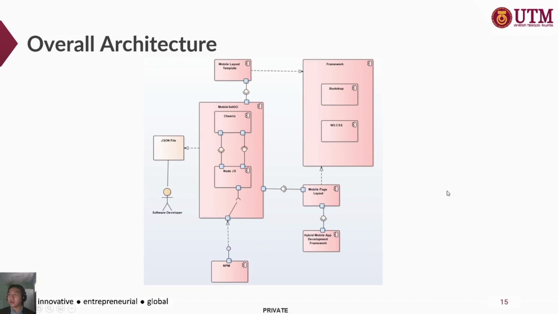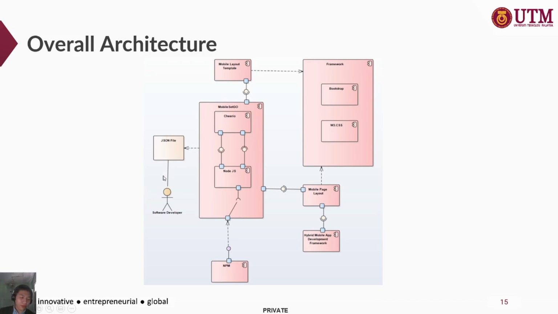Second is the overall architecture. So MobileSetGo has two parts of component here. So two parts in the tool itself. The first part is the JSON file.